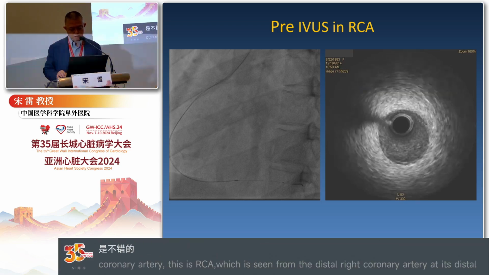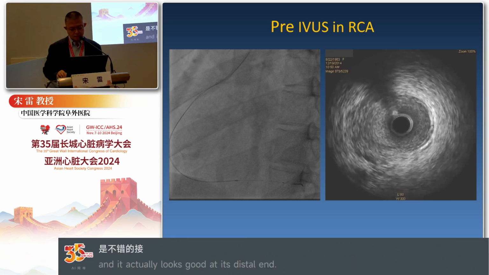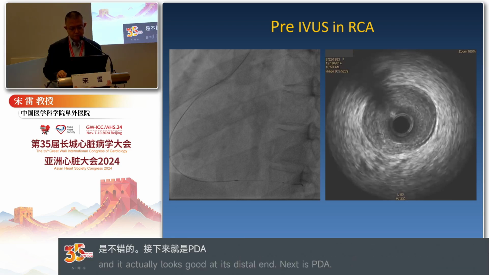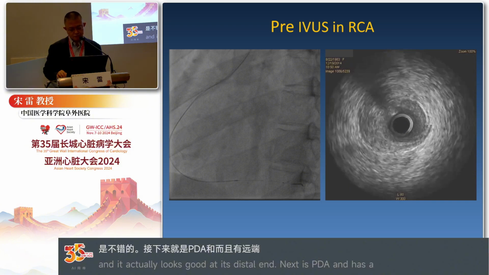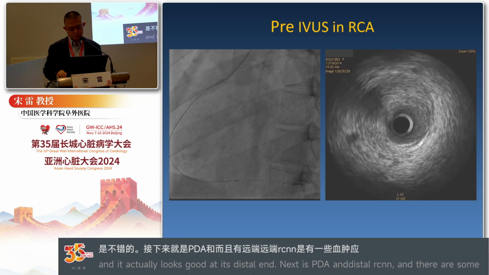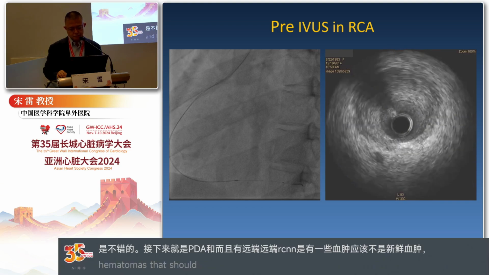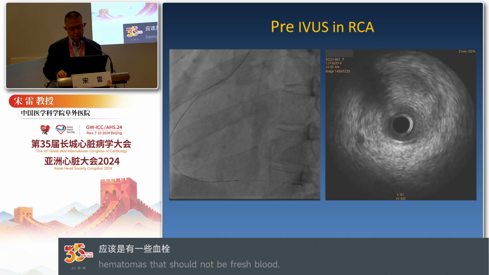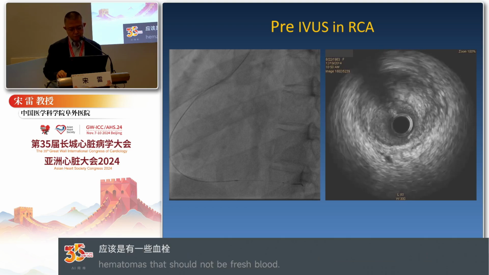Then coming to the PDA and the distal RCA, there is some hematoma, not very fresh, I think, with some thrombosis, and the true lumen is compressed to the 6 o'clock.